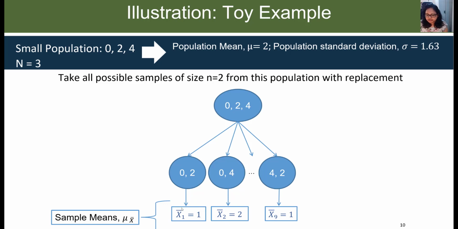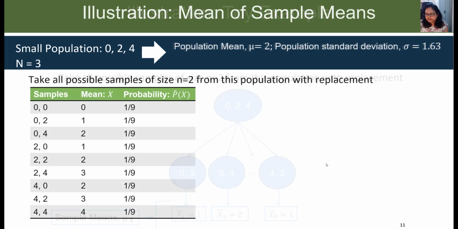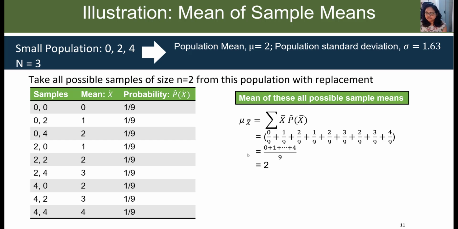Using those 9 possible combinations, we create a table, and every time the probability of each of those combinations is 1/9. Then we try to find the mean over all those probabilities. So you can see I just multiplied the mean and the probability. The probability is always the same.